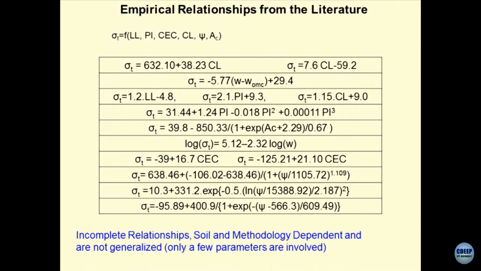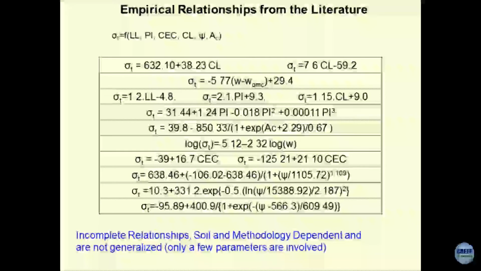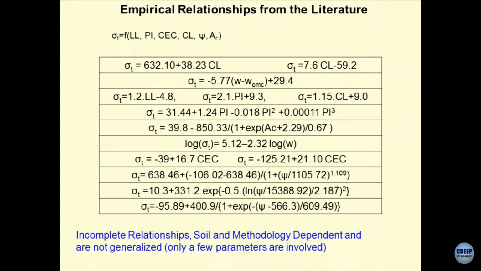Then sigma t is also a function of cation exchange capacity, again for the same reason, because of the mineralogy. The clay content is the percentage fraction which is finer than a certain size, 2 microns. So, as the size decreases, cation exchange capacity increases, surface area increases, liquid limit increases, PI increases, all that series is still valid. And psi corresponds to the suction value.